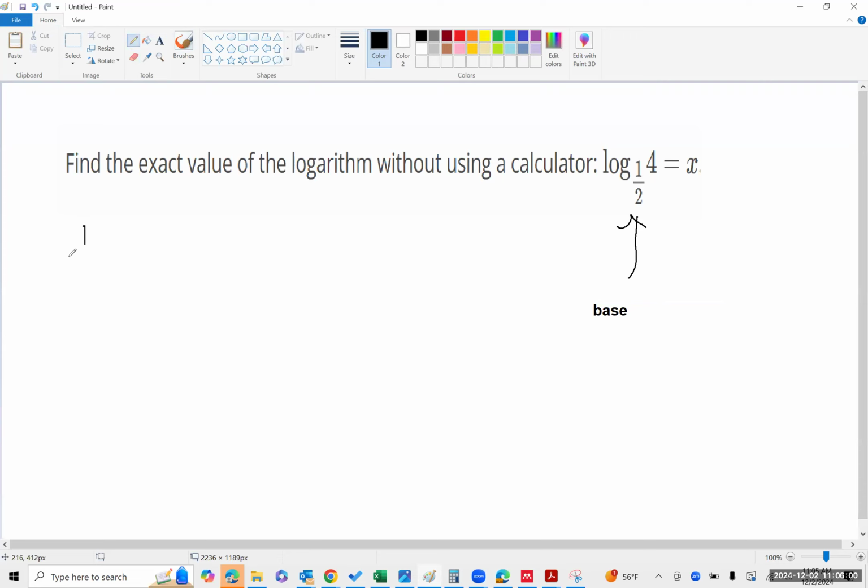So I'm going to write 1/2 as my base. And just for a minute, I'm going to ignore the 4, but I want to call your attention to this x, which is an exponent.